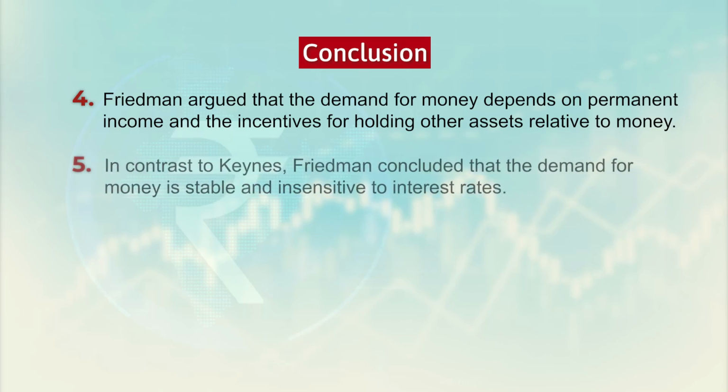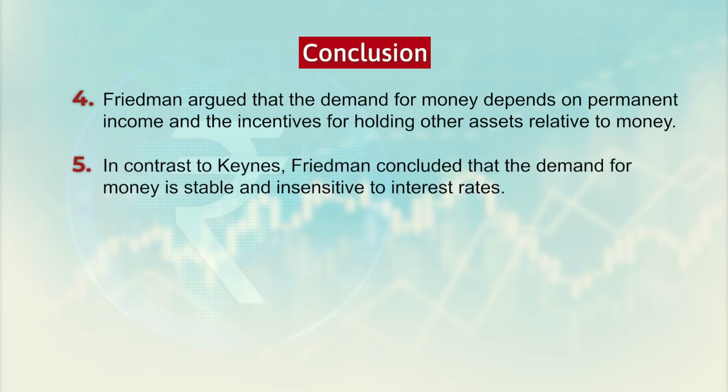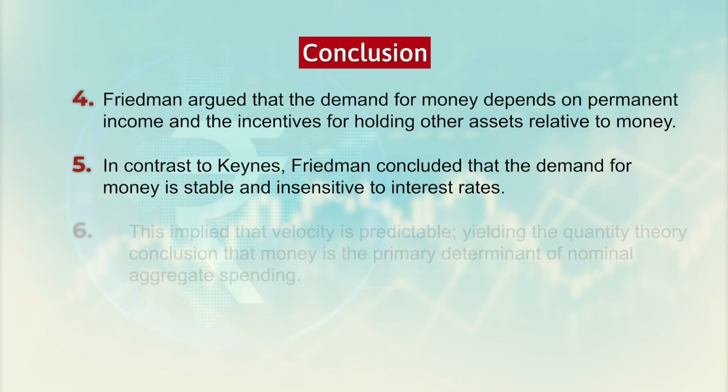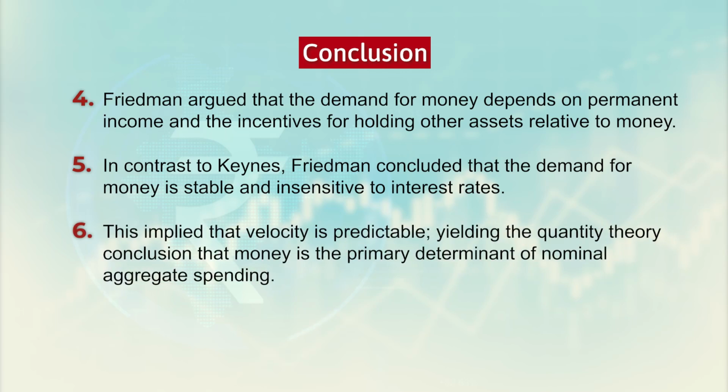In contrast to Keynes, Friedman said that the demand for money is stable and insensitive to interest rate because we may have different alternative baskets. As a whole, this gives some sort of constancy. This implied that the velocity of money in the economy is very much predictable, and it yields the quantity theory conclusion that money is the primary determinant of nominal aggregate spending.